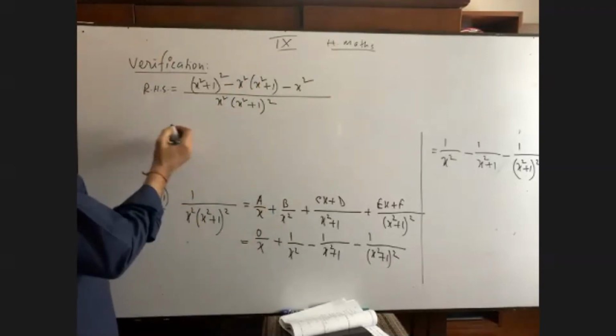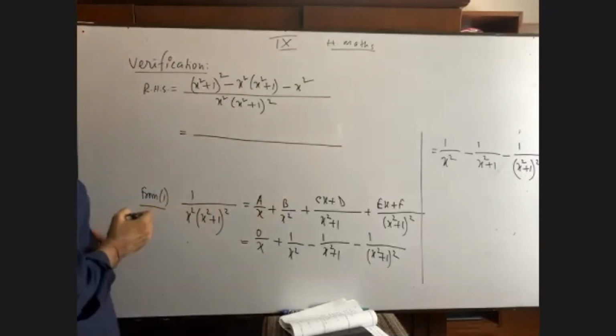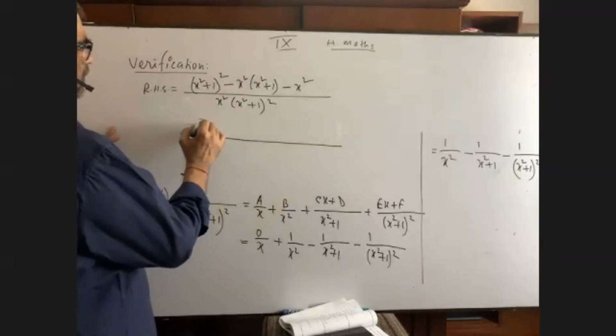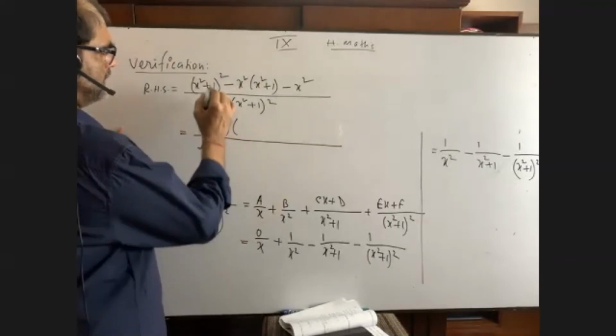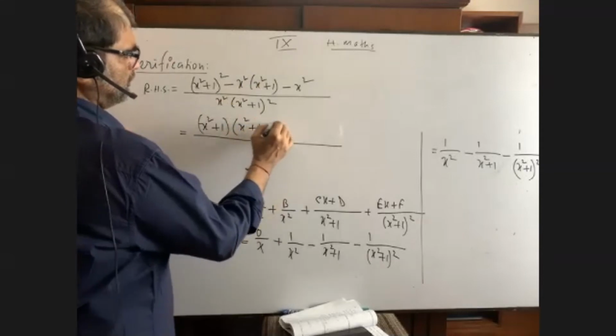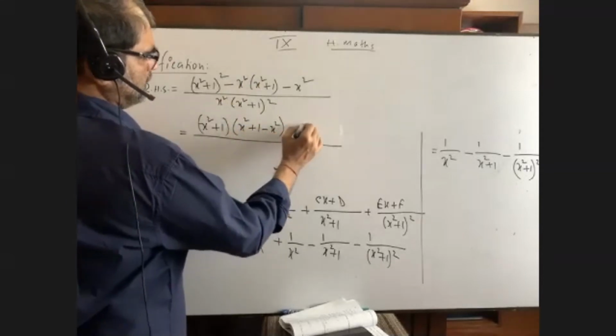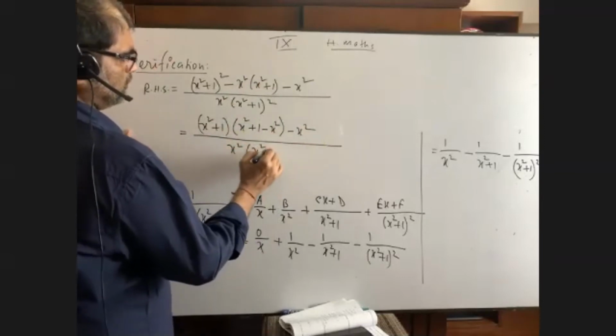You see, x square plus 1 can be taken common from the first two. So we are getting here x square plus 1 minus x square minus x square. I have taken x square plus 1 common from the first two.